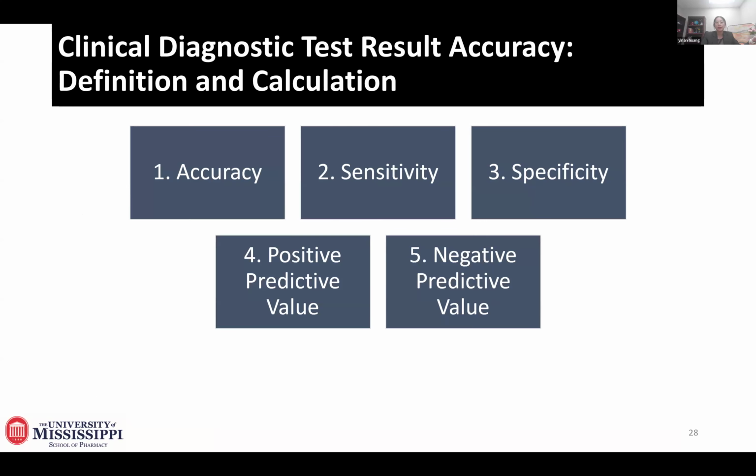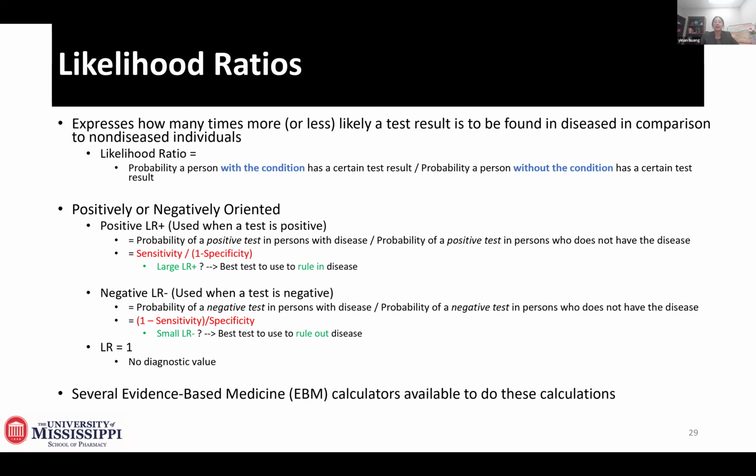Now we have talked about these diagnostic test measures. I also want to mention another concept, likelihood ratios. If you notice, it is a ratio, which means there is a numerator and a denominator. It is the probability that a person with the condition has a certain test result, divided by the probability that a person without the condition has that test result.